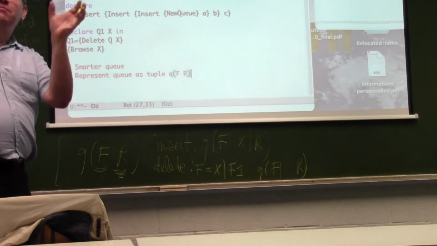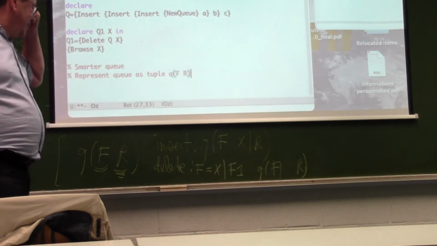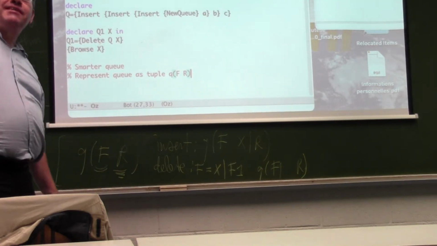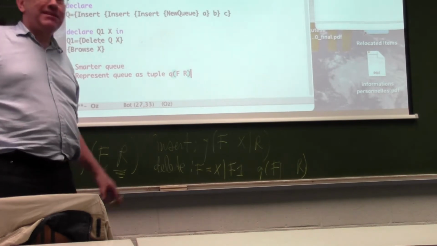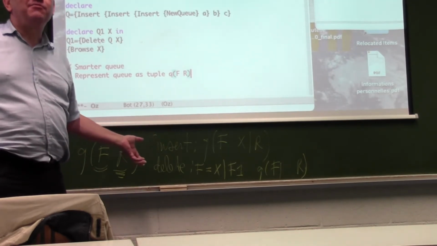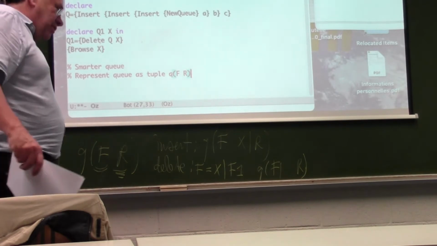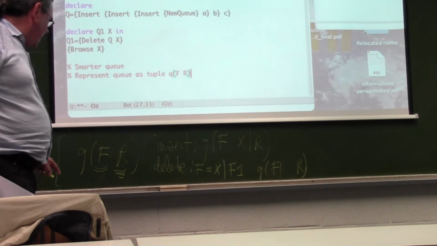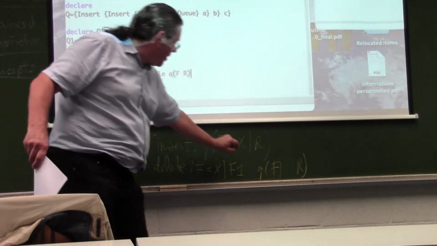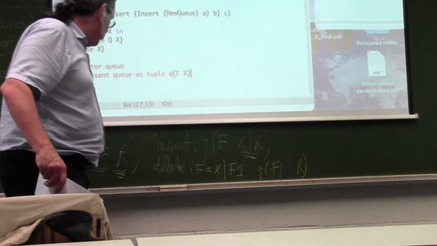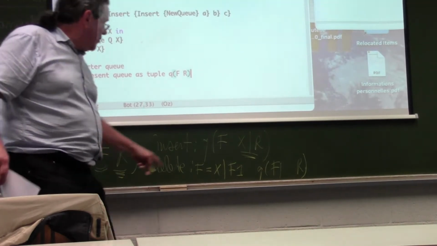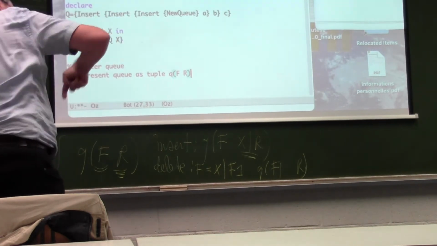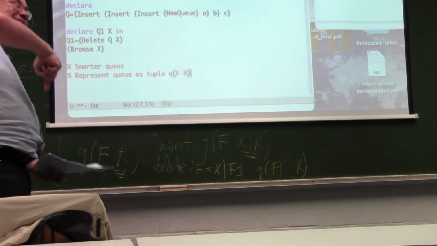There's something missing here. So I can't really do only that naively. I have to do something else. Do you see what's missing here? The point is that, let's say I insert a lot of elements. They come here, and then I want to remove an element, but they are here. They're not here yet. So I need a way of transferring elements from R to F. You see that?